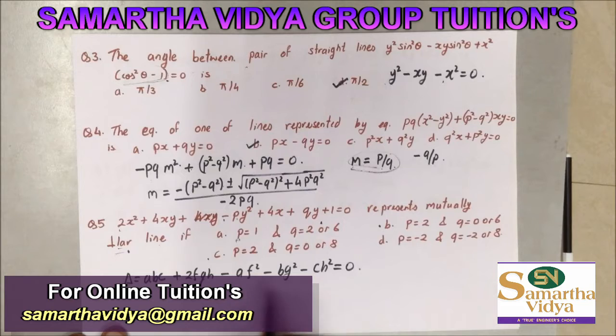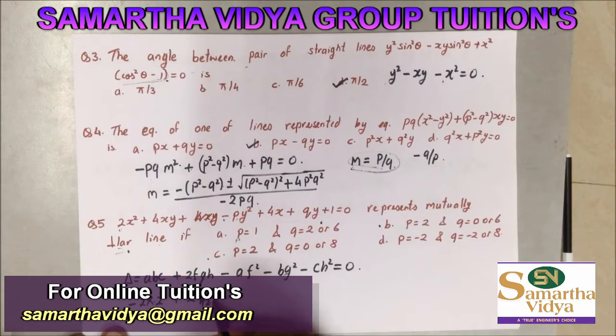So if I substitute the values, we know that A is nothing but 2, B is nothing but minus P. So we have already found out that the P value should be equal to 2. So this is minus 2, and C value is 1 plus 2 times F value. We know that the F value from here we'll be getting as Q by 2.